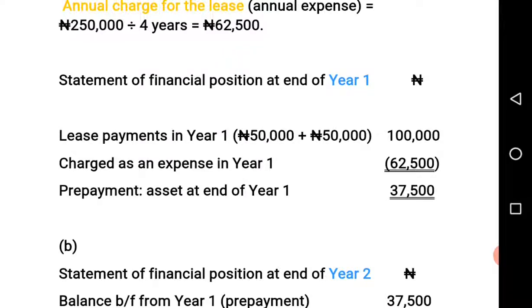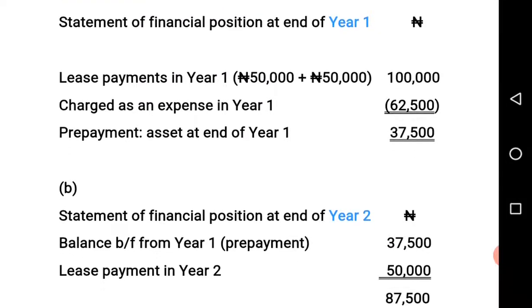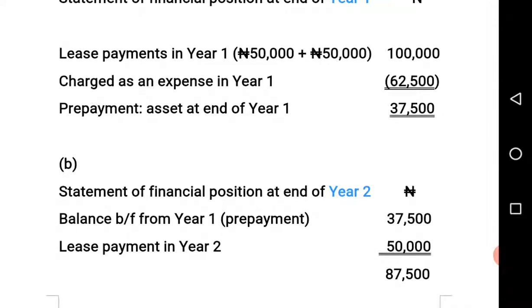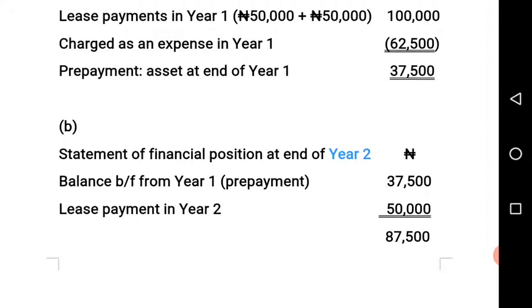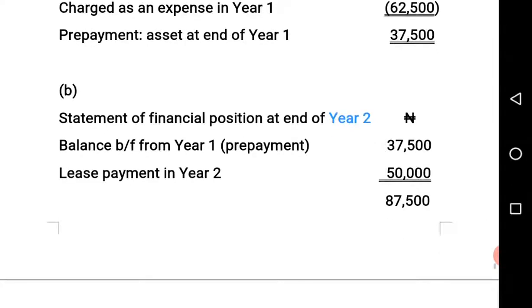between the 4 years. So for year 2, we bring the balance from year 1, 37,500, then the lease payments that we make. Now the first year we paid 100,000, but subsequent years we pay 50,000. So for year 2 we pay 50,000. So the total amount we've paid for year 2 is 87,500.